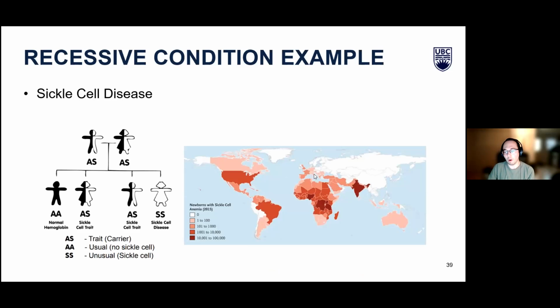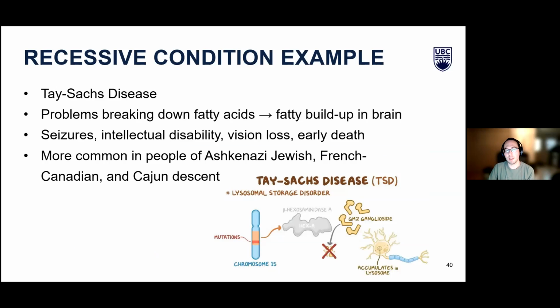So if you are of, say, African descent, or you're of descent from, say, India or other countries where sickle cell disease is more prevalent, then it's more likely that you'll be able to get these carrier testing done to check for sickle cell disease. Similarly, if you're of Ashkenazi Jewish descent, French Canadian, or Cajun descent, you may be eligible to receive genetic testing or carrier testing for Tay-Sachs disease.